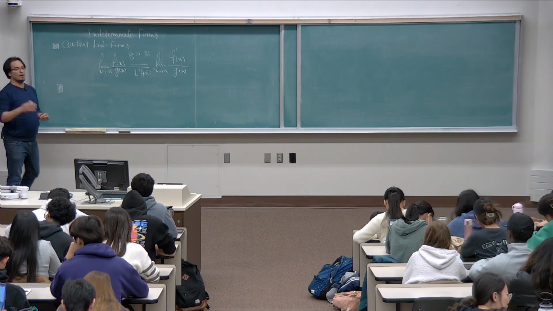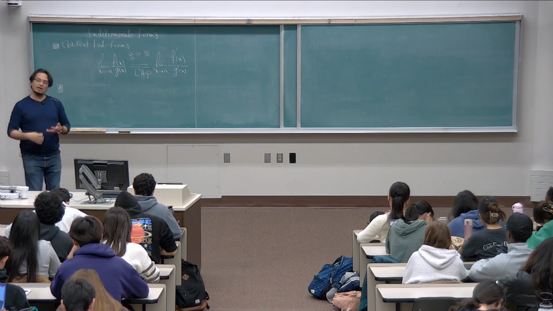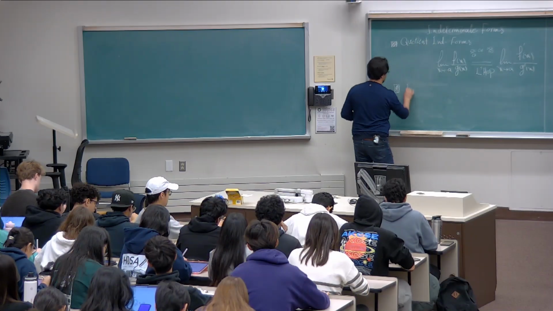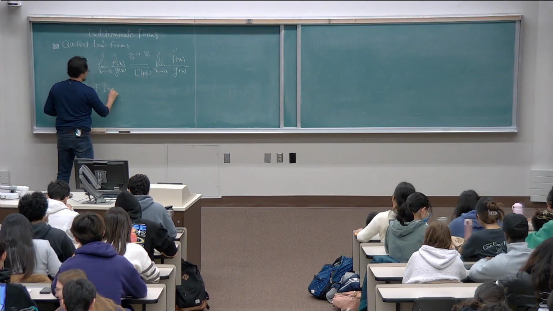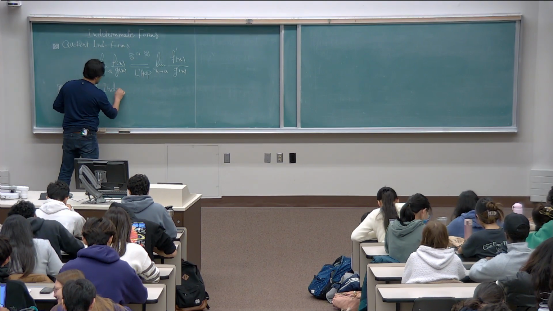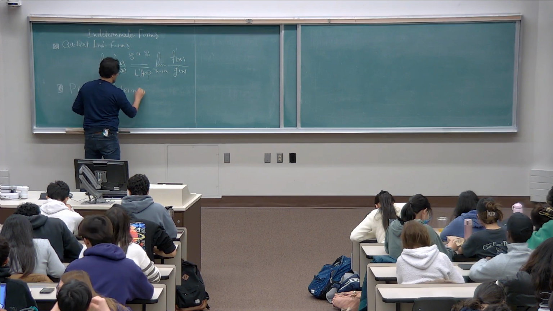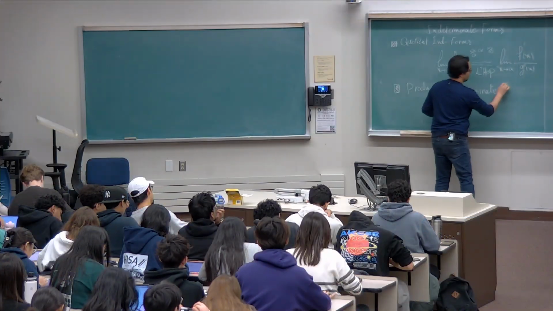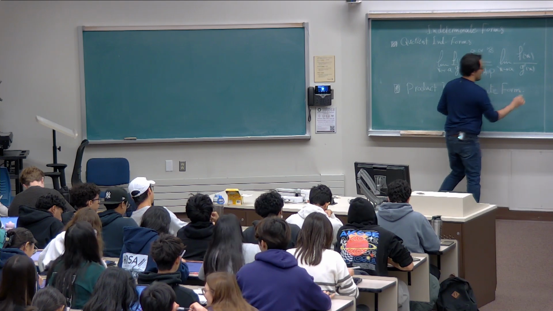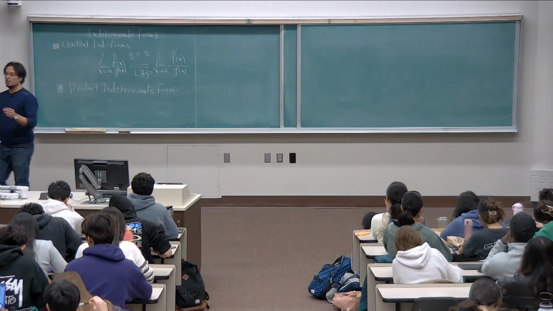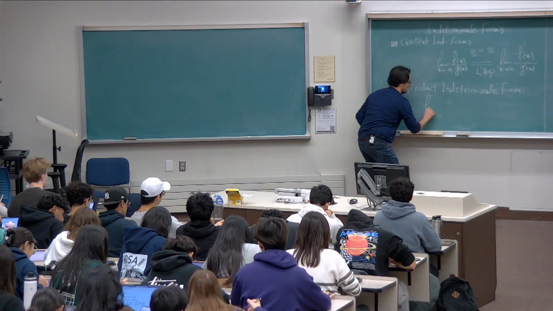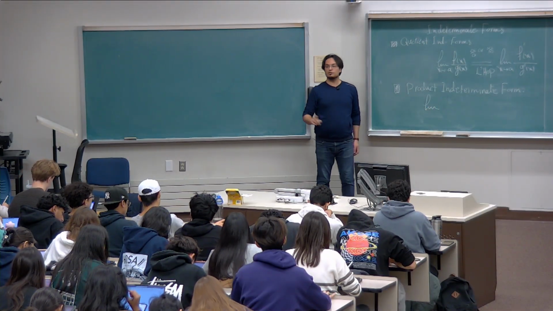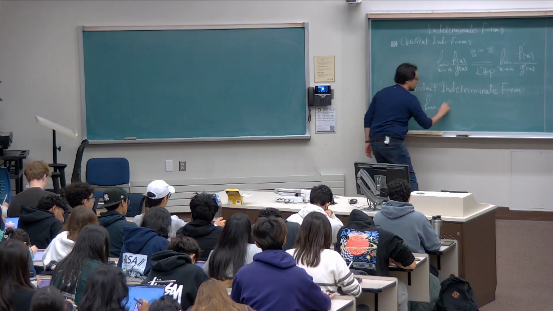The first one I want to start with is called the product indeterminate form. When it comes to the product, first of all, we are trying to find the limit of f times g.